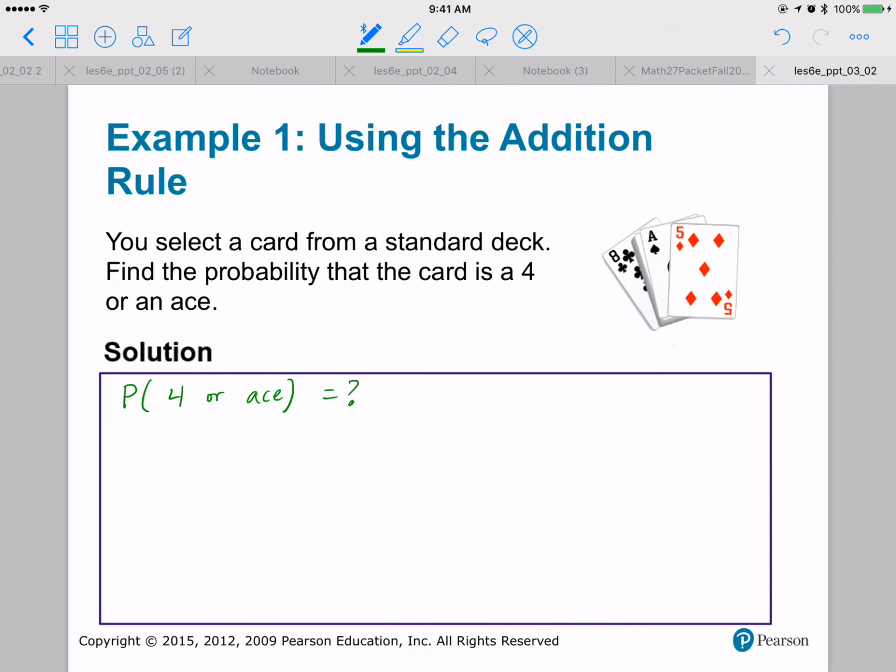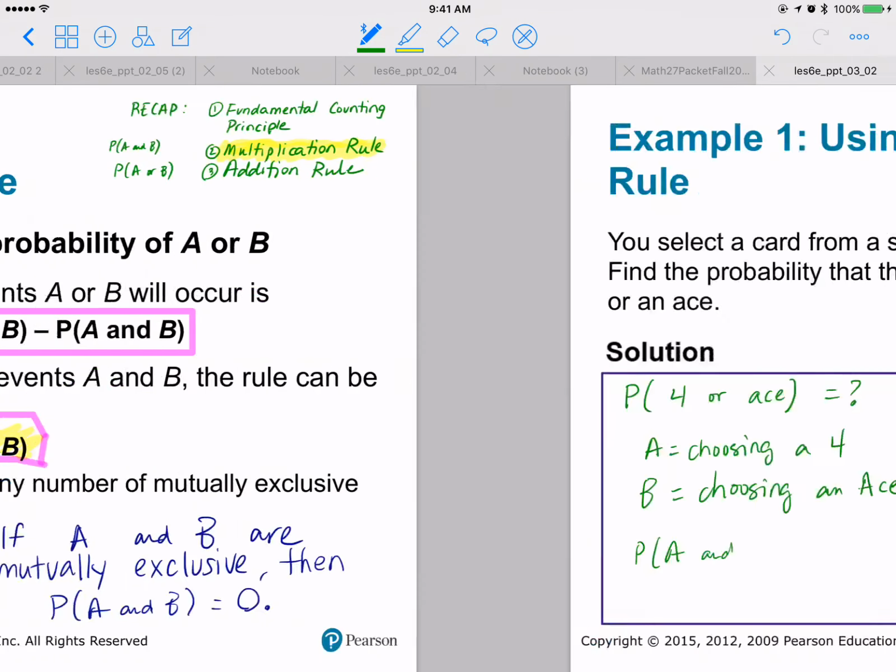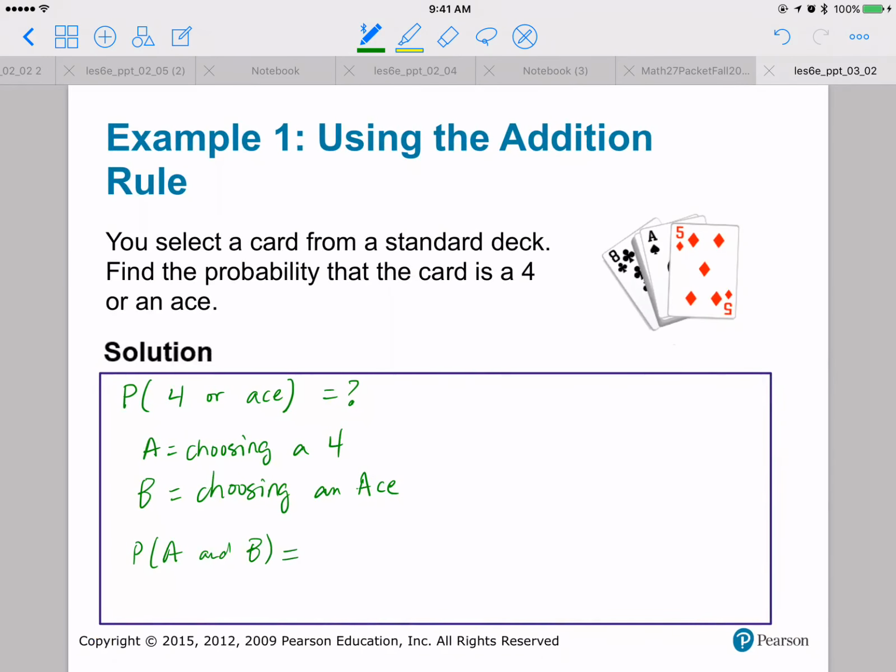So if event A is choosing a 4, and event B is choosing an ace, then A and B are mutually exclusive. So the probability of A and B is going to be equal to 0.